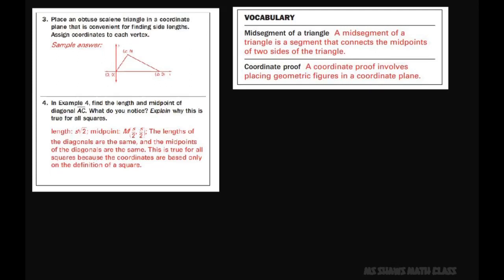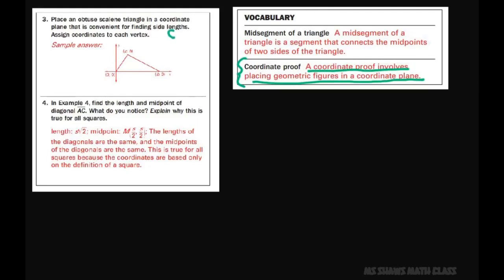And finally, this is the vocabulary I was talking about, a coordinate proof. A coordinate proof involves placing geometric figures in a coordinate plane. So basically, they want us to place an obtuse scalene triangle in a way that is convenient for finding side lengths. So remember on the other example, we needed 3 variables.